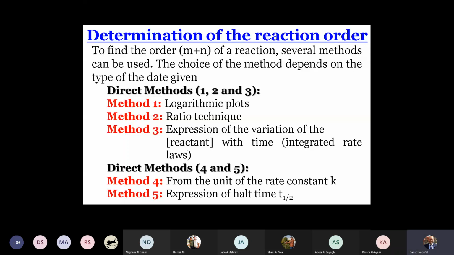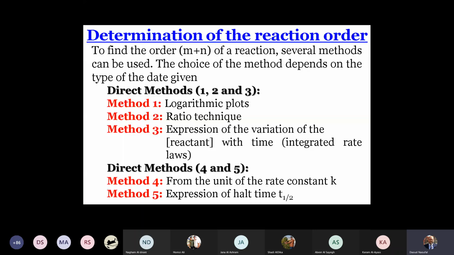We pass to the indirect methods, method 4 and method 5. In the indirect methods, we cannot know m and n. We cannot know the partial orders of the reaction. We obtain directly m plus n, so we obtain directly the global order of the reaction.